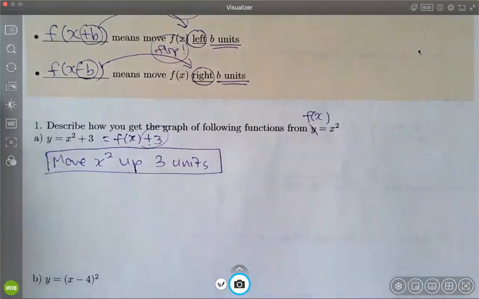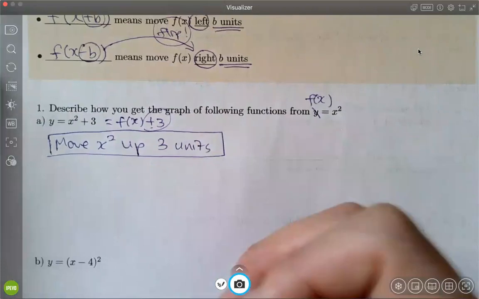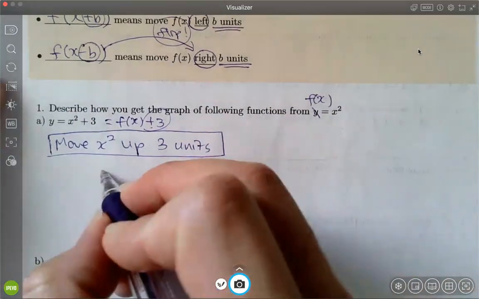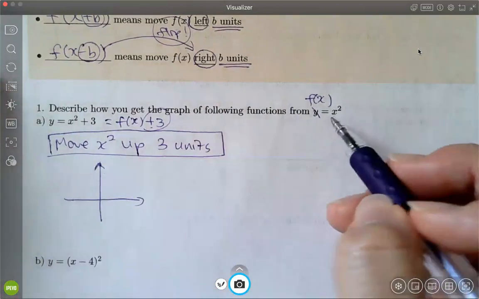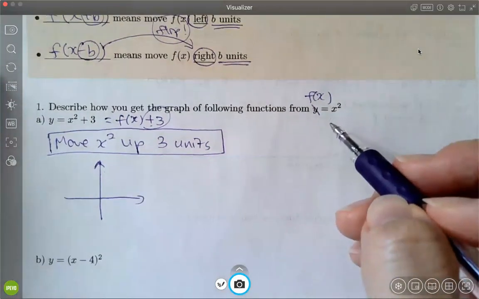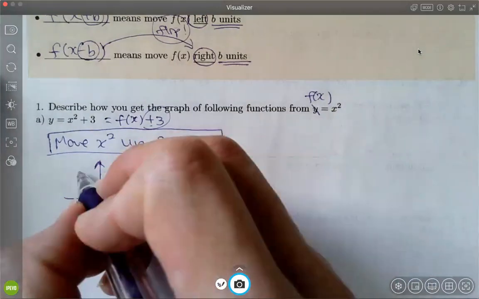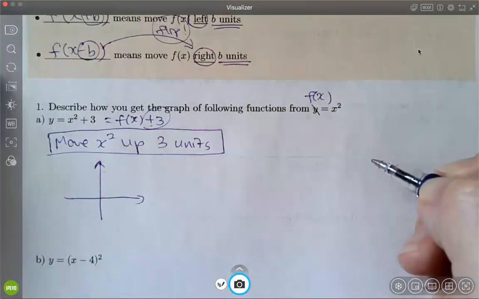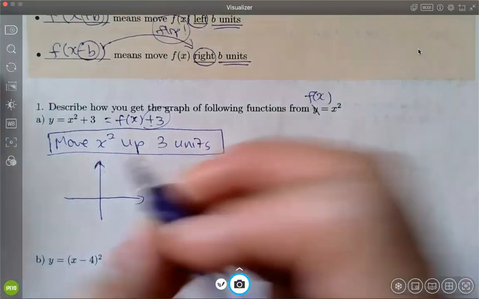Okay, so that's it. Now, even though graphing is not part of this problem, let's sketch the rough graph. Okay, so we know the graph of x squared, right? The parent function. Okay, so it's a parabola, right? Okay, which is part of today's exam, right? It is opened upward, right?